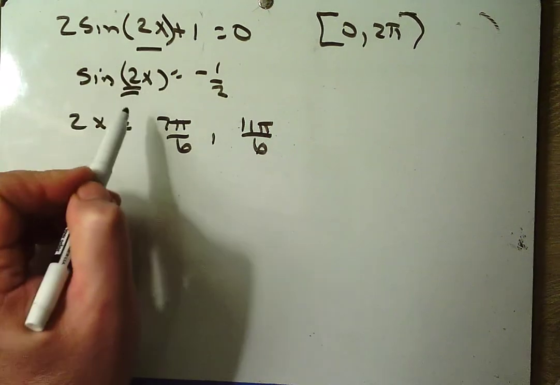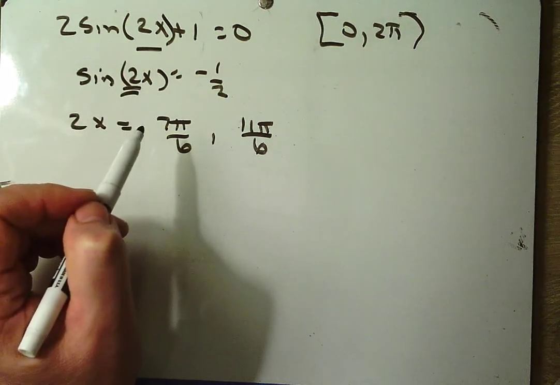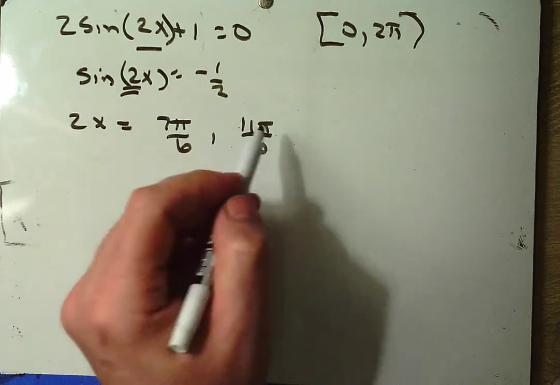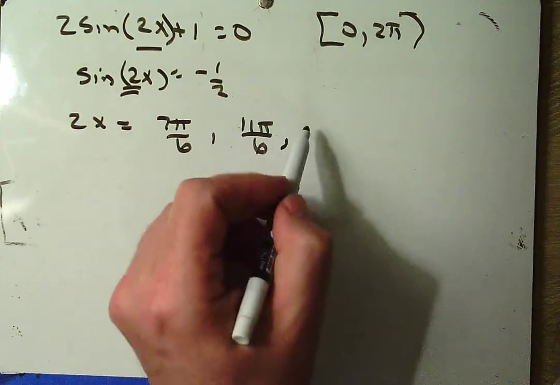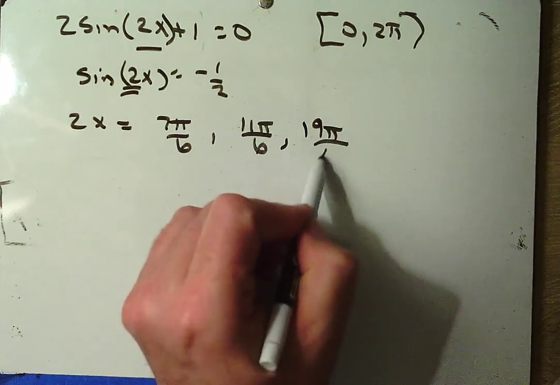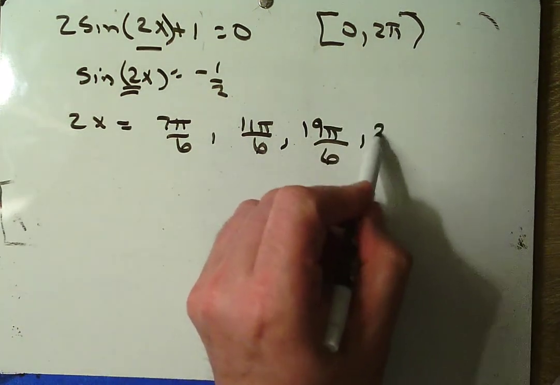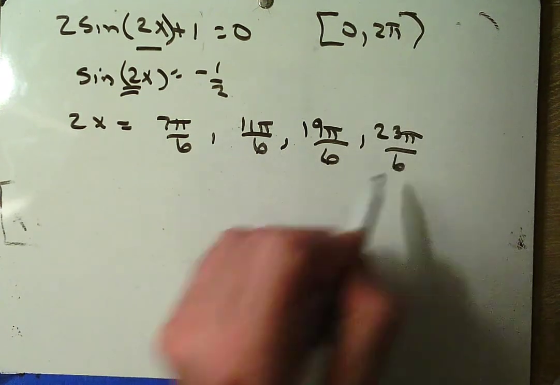But this tells me I should go around the unit circle twice, picking up solutions. So I have to add 2 pi to this one, which will be 19 pi over 6. And I have to add 2 pi to this one, which will be 23 pi over 6.